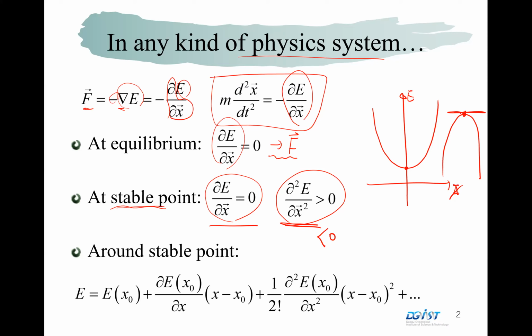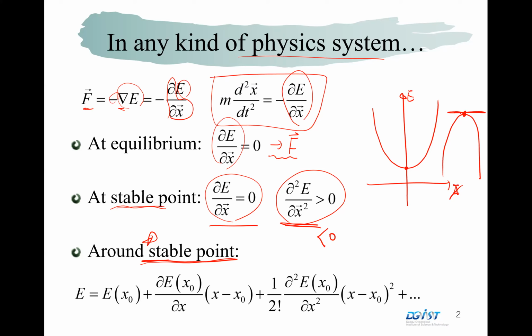Around the stable point is very important because in our universe, everything is around the stable point. Yes, there are some exceptions, some very dynamic situations far from the stable point, but most situations are around the stable point.